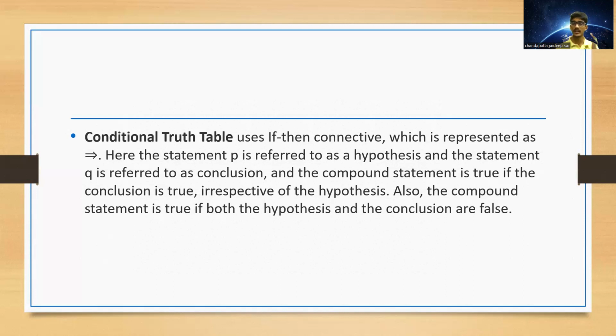So we have discussed the conditional statement before, and we represent it by using the symbol implies. Here the first statement is called the hypothesis and the second statement is called the conclusion. That's why it's called a conditional compound statement. Here the second statement depends on the first statement. If the first statement is true and the second statement is false, then the output will be false.